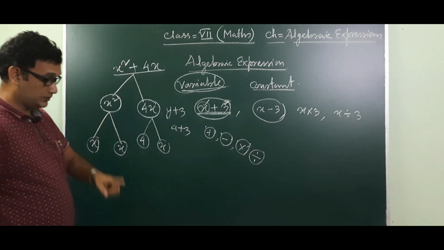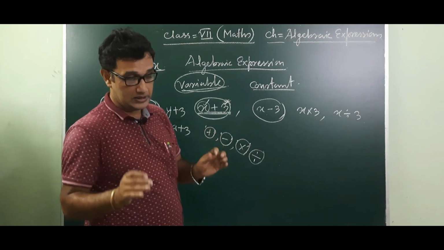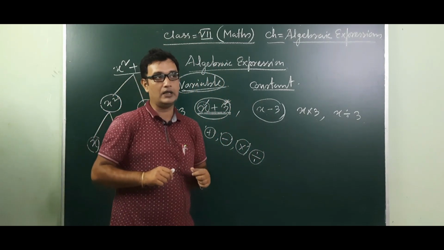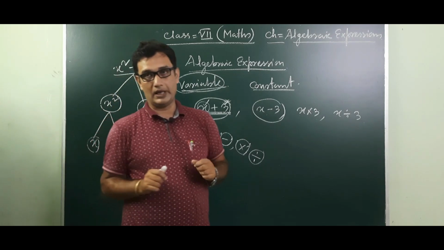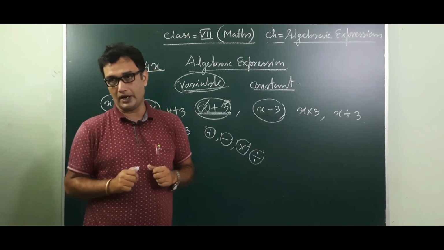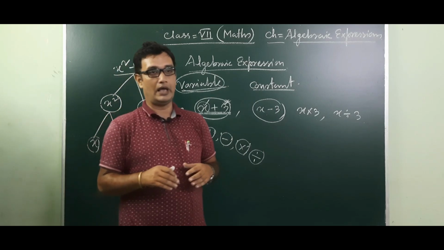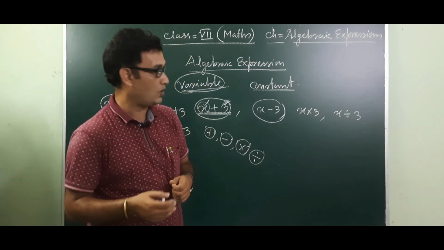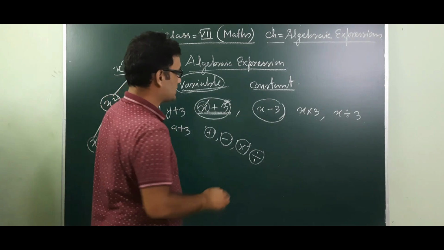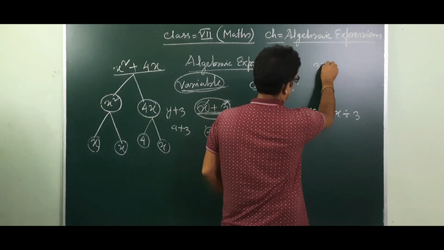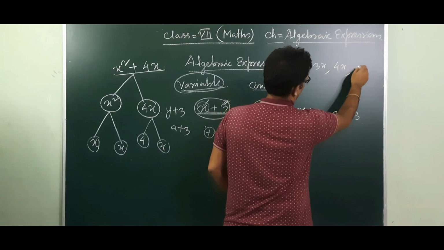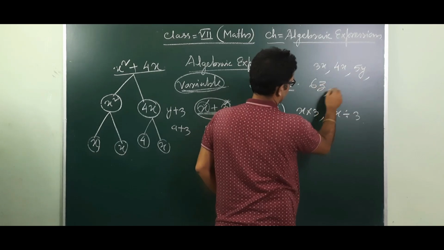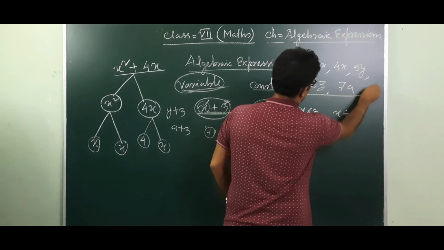The next point is the types of algebraic expression. Generally you can say there are monomial, binomial, trinomial, then polynomial. Polynomial means more than 3 terms are there. For example, suppose 3x, 4x, 5y, 6z, then 7a, single terms.